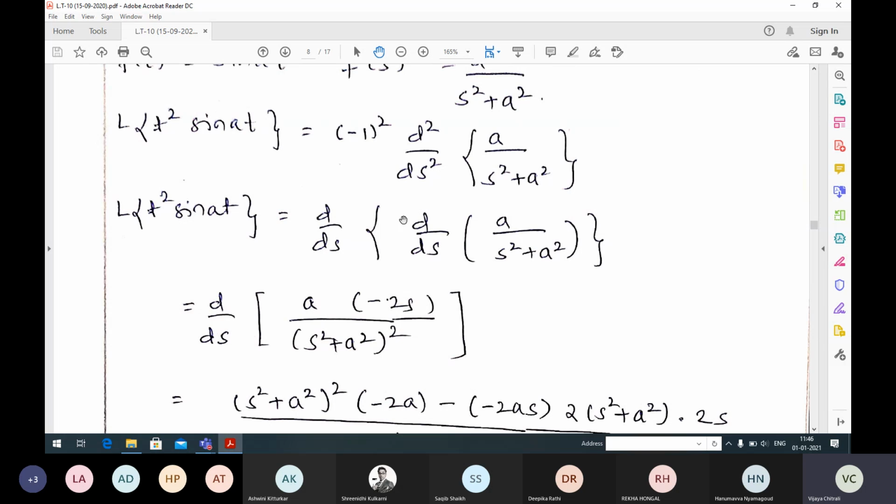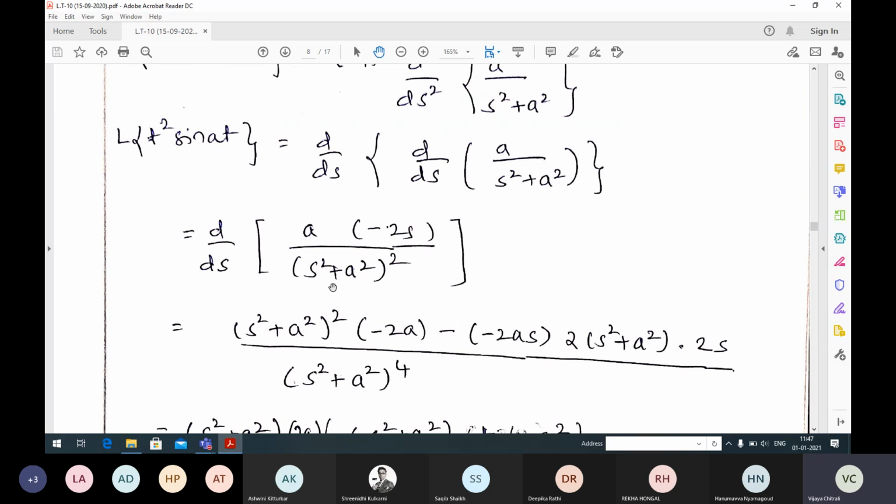Differentiate with respect to s; a is constant. Recall that the differentiation of 1 by x is minus 1 upon x square. In the same way, differentiating this, we get minus 2as divided by s square plus a square raised to 2.